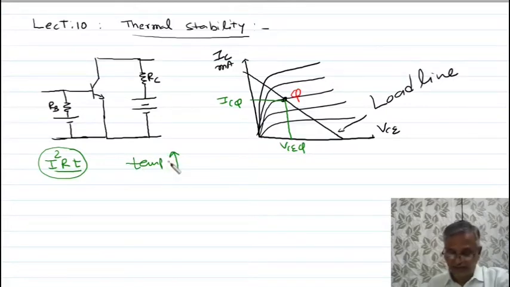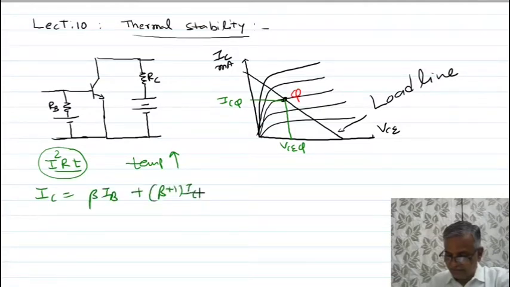Due to the temperature increase, already we know the equation of collector current. So listen, the collector current is given by this equation. Collector current depends upon beta, base current and leakage current.